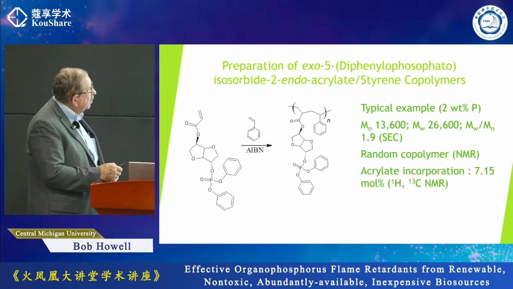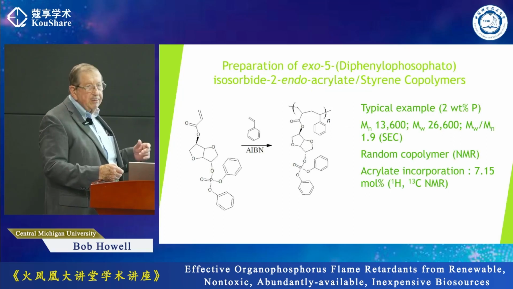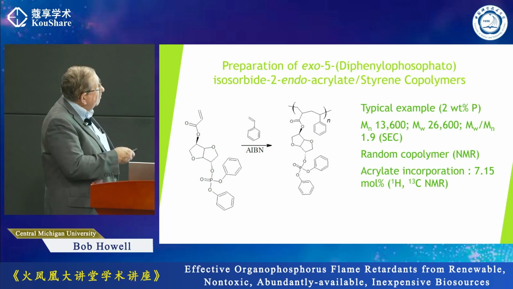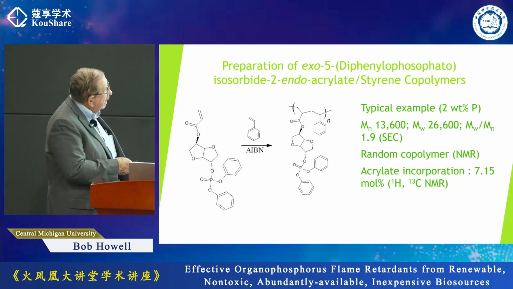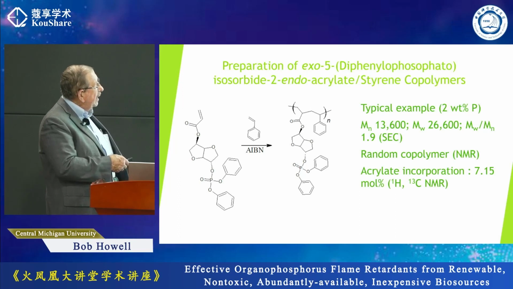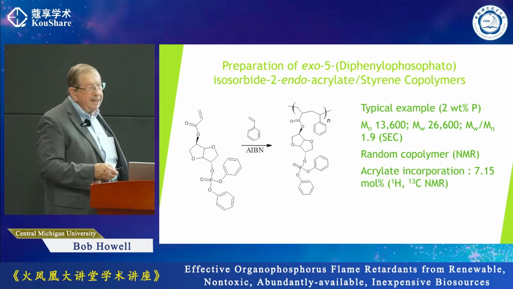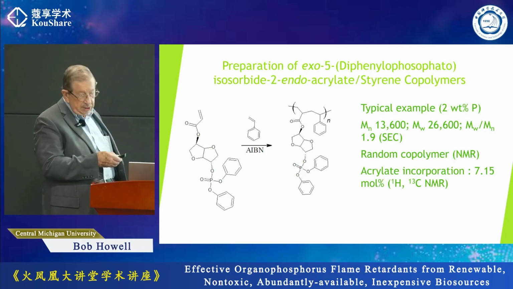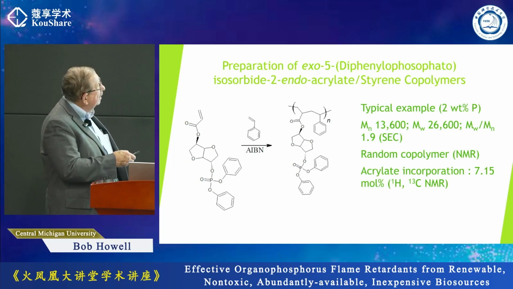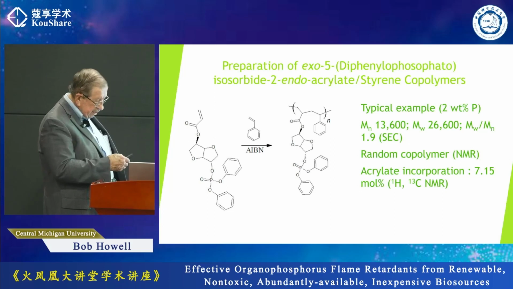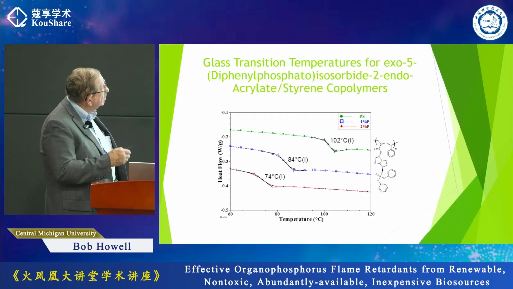Okay, and this is just one simple example, copolymerization of styrene. As you know, styrene is rather difficult to flame retard, but if you make this copolymer, in which you get in about 7 mole percent of the comonomer, so not much, you get a very nice polymer that has very interesting flammability properties.